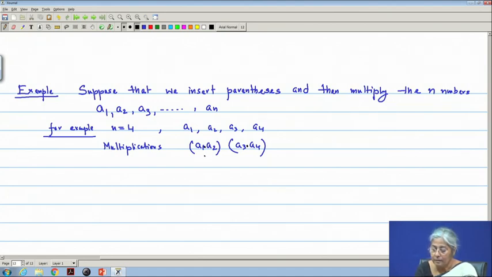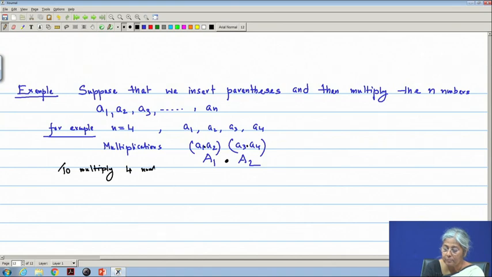Say this is capital A1 product, this is capital A2, and then I need another multiplication. So, to multiply four numbers, we need 1, 2, 3, three multiplications.